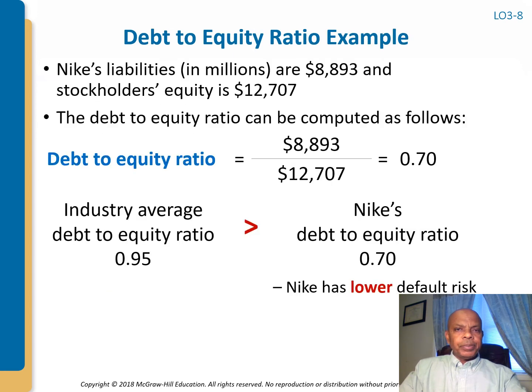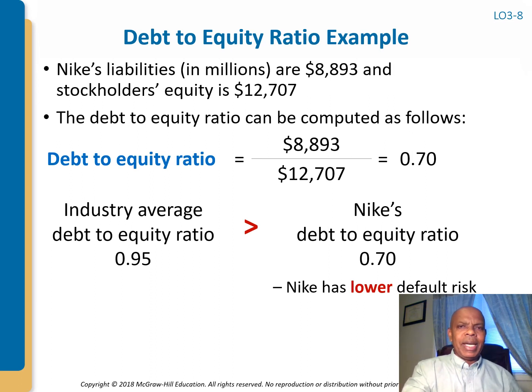Let's look at this example. With the numbers, it's much easier to understand, right? Nike's liabilities are $8,893 and stockholders' equity is $12,707. The debt to equity ratio can be computed.